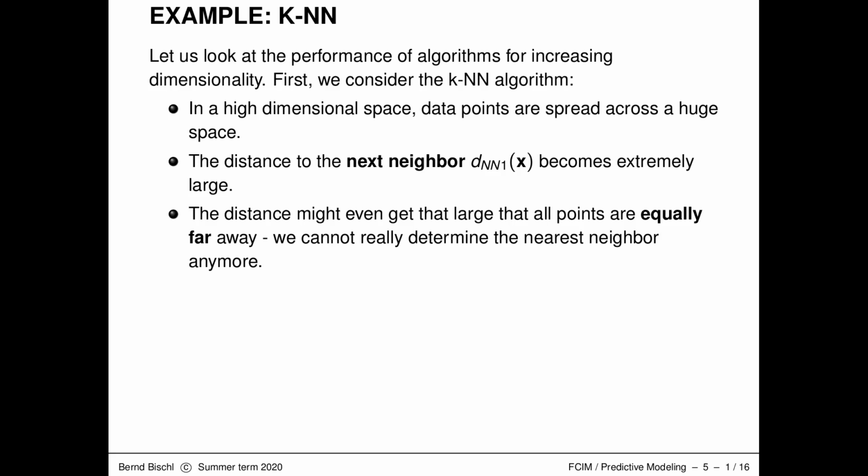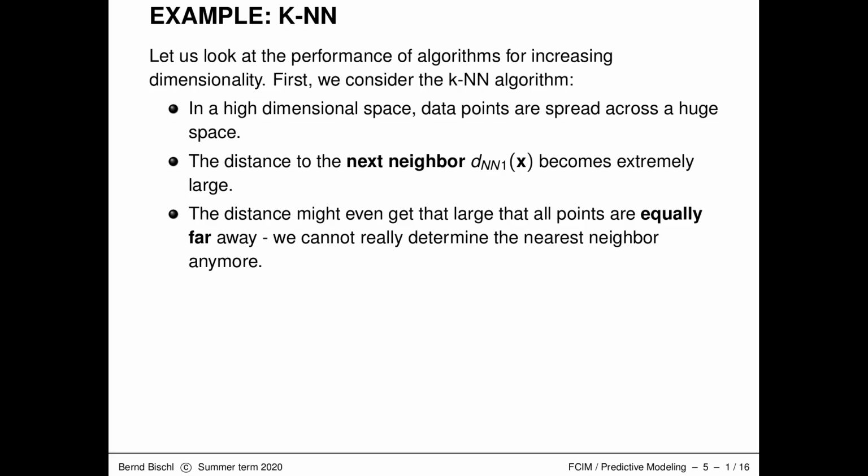There's an error component in them, so maybe we cannot even perfectly determine a nearest neighbor anymore. And even if we could, we might still want to discuss whether it really makes sense to interpret that point as a next neighbor, because the distance from a specific point to its next neighbor will have become very, very large.